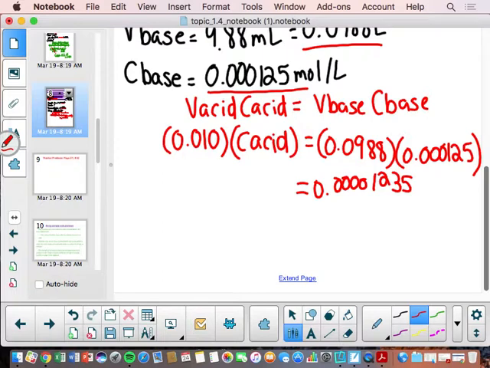Maybe yours rounded for some reason. I'm using my iPhone. Yeah, there we go. Why did my iPhone have more digits than yours? Anyway, not important. It's really not going to change much in the long run. So then we still got, on the other side, 0.010, and then our C acid. So next step. We divide V acid by base.